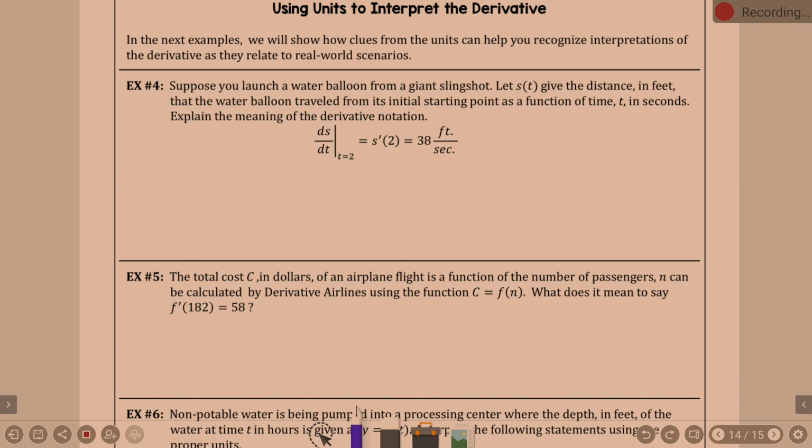Suppose you launch a water balloon from a giant slingshot. Let S of t give the distance in feet that the water balloon traveled from its initial starting point as a function of time t in seconds. Explain the meaning of the derivative notation.